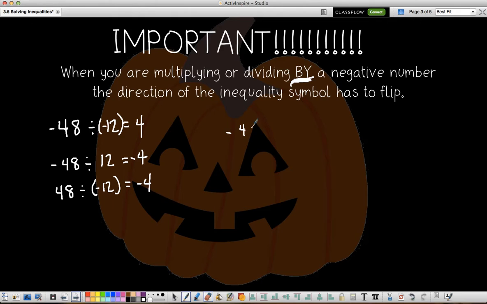So I have -48 divided by x is greater than or equal to -4. So I'm going to multiply -48 to both sides. I'm left with x, and now if I leave my symbol the same, I know a negative times a negative gives me a positive.